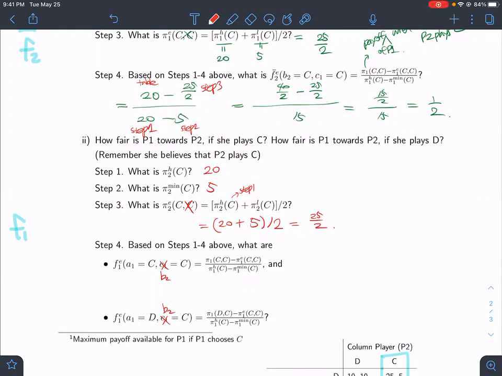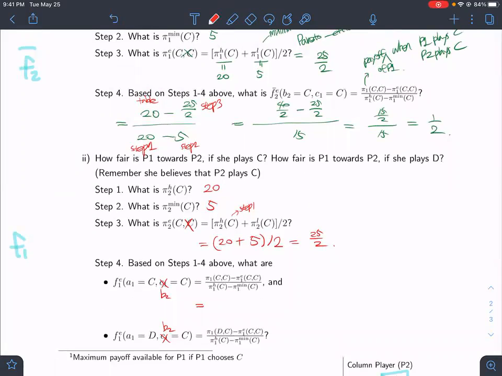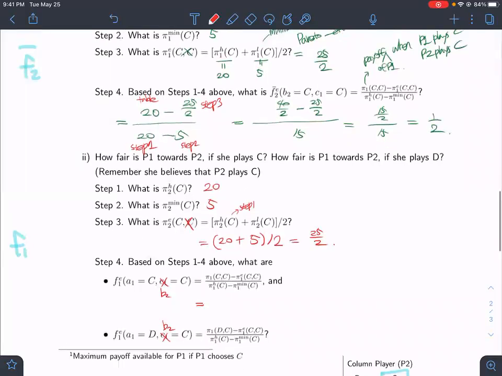This is pi 1 CC, the payoff when both player 1 and 2 choose C. In this case, the payoff is 20.